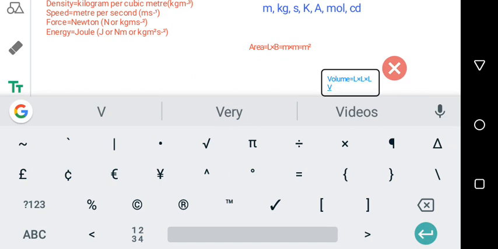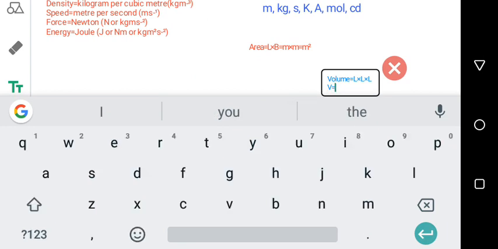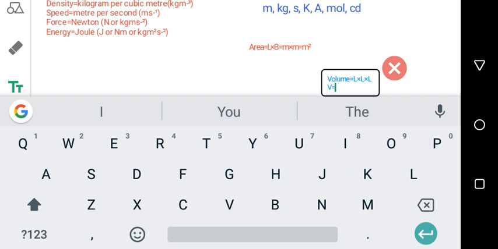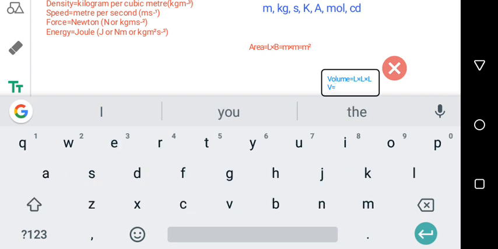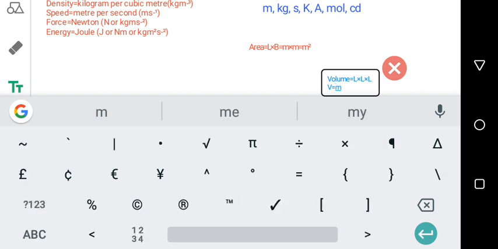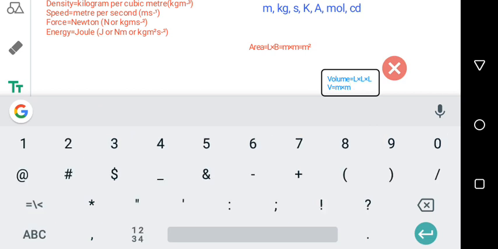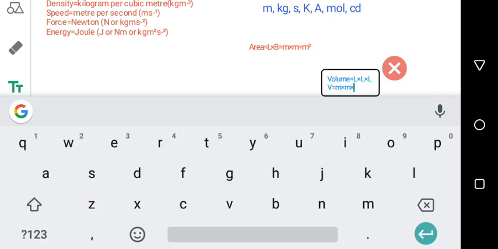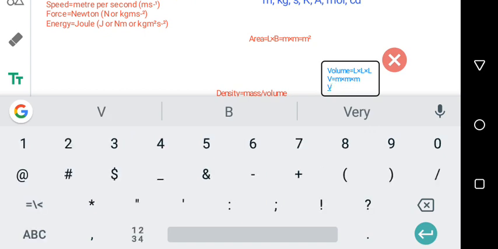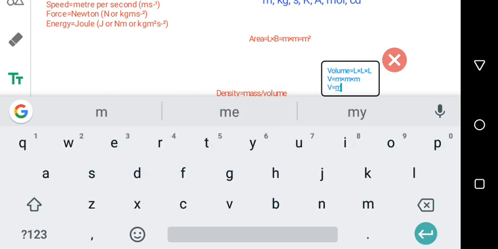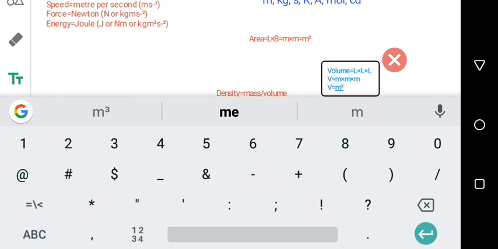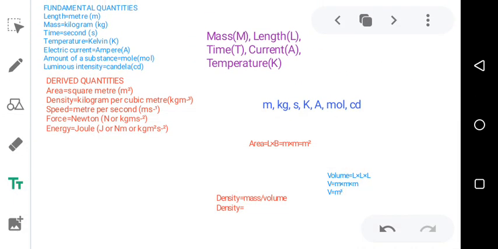So volume is equal to what? Represent it. Length is equivalent to which unit? Meter. So you represent it m times m times m. Volume is equal to what? M cube. So the unit of volume is cubic meter or meter cube.